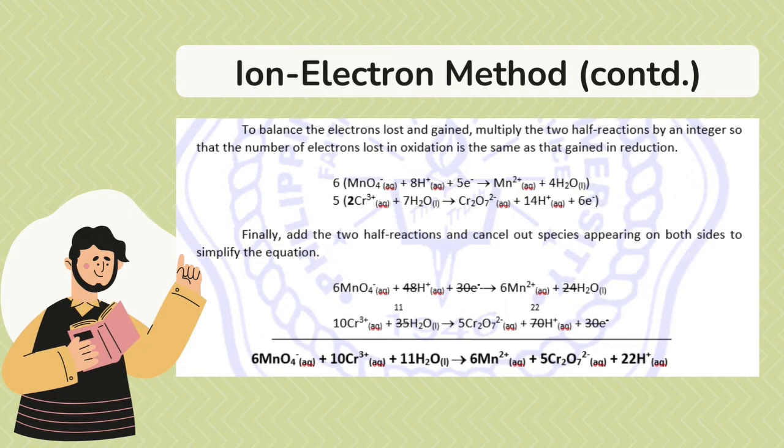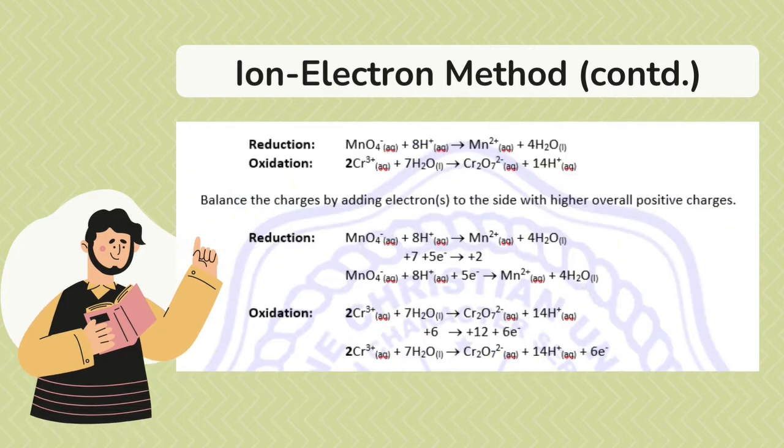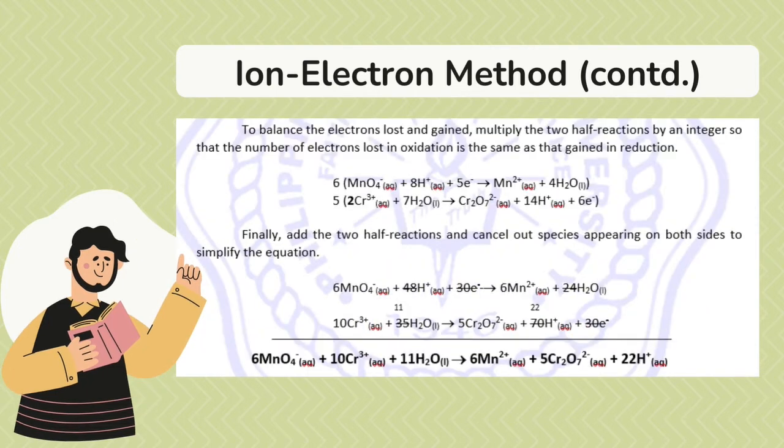Finally, add the two half reactions right after multiplying by a specific integer. As you can see in here, the reduction is multiplied by 6 and the oxidation is multiplied by 5. Then add the two half reactions, cancel out species appearing on both sides, and simplify the equation.